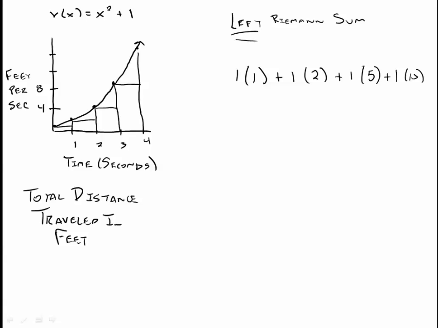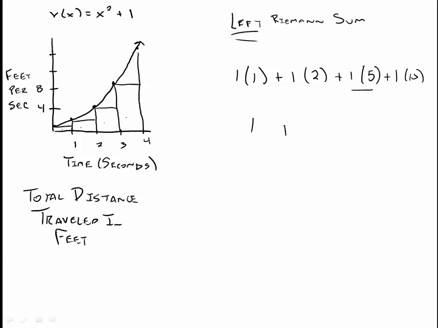So these are the areas of each of these 4 rectangles, with the height coming, say, of the third rectangle, I plug 2 in, I get 4 plus 1, which is 5. Here when I plug 3 in, I get 9 plus 1, which is 10.